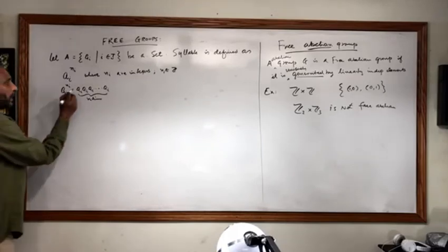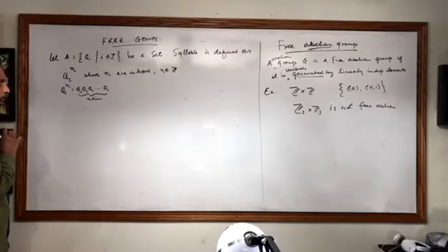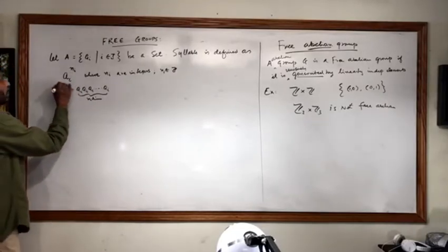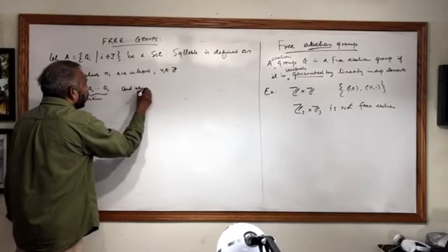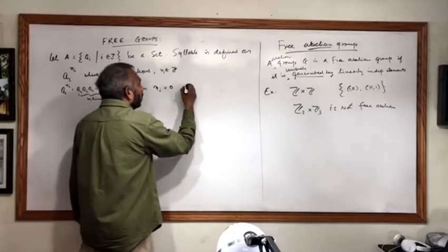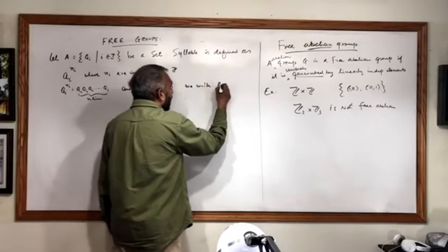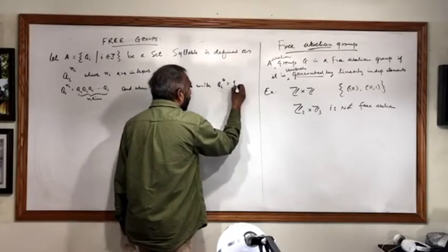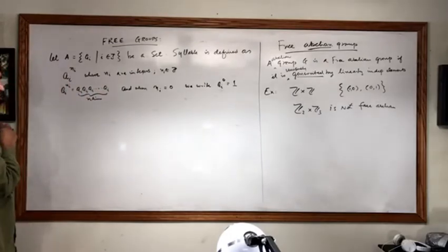It's not a multiplication at all. We are not considering this as a multiplication because we haven't even defined multiplication. So this is a syllable, and when n_i is equal to 0, we write a_i to the power of 0 as 1, and that is going to be our identity of the group.